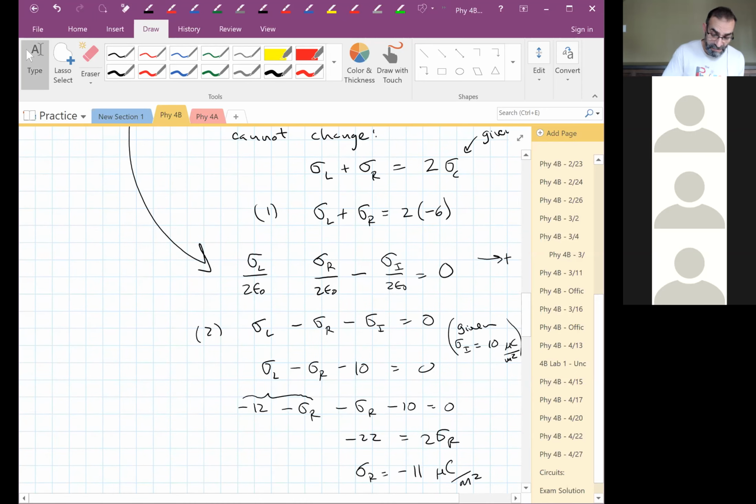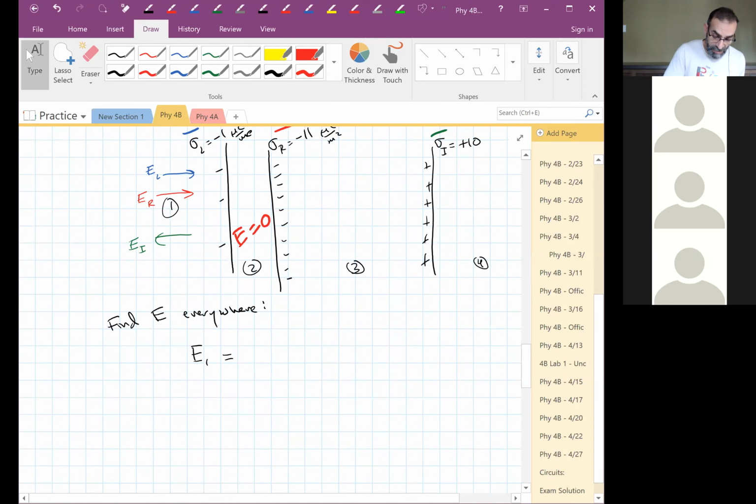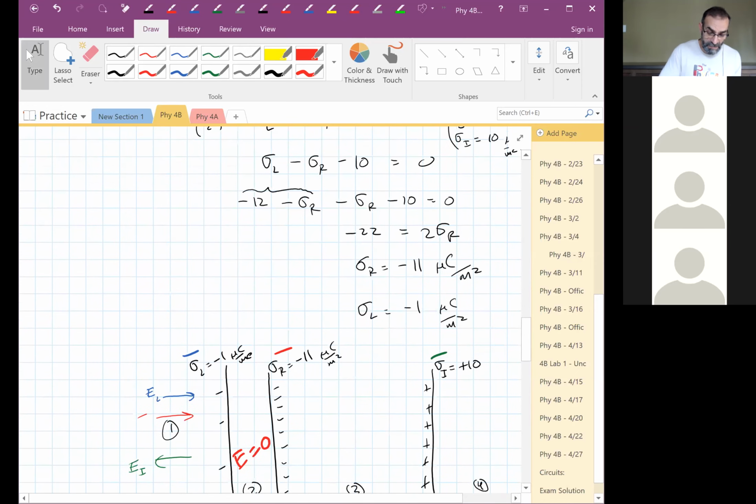So this is, oops, what was this? Minus sign? So that was my equation, right? I can bring it down here and say sigma left over 2 epsilon naught minus sigma right over 2 epsilon naught minus sigma insulator over 2 epsilon naught equals E1, right?